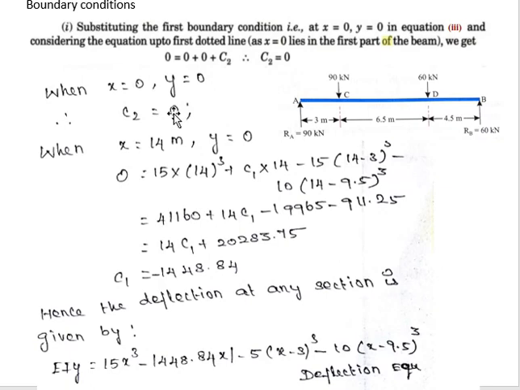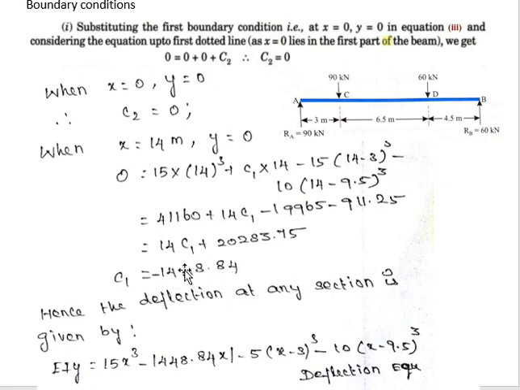Then we substitute the second boundary condition, x equal to 14 meter and y equal to 0, in the same third equation, and substitute C2 equal to 0 in that equation also. Finally you get the value C1 equal to minus 1448.84.